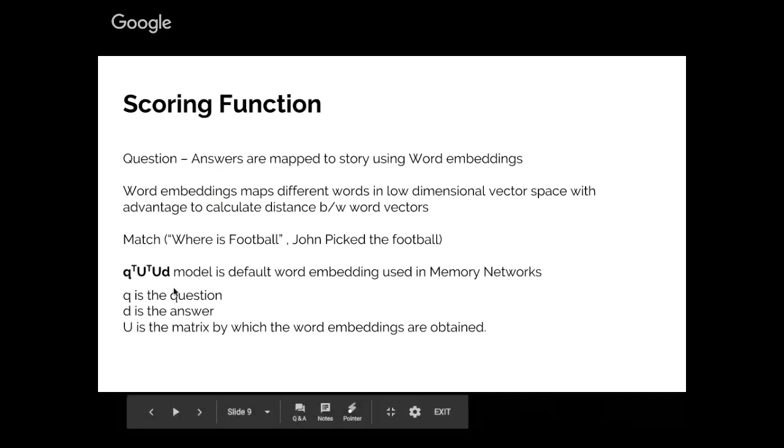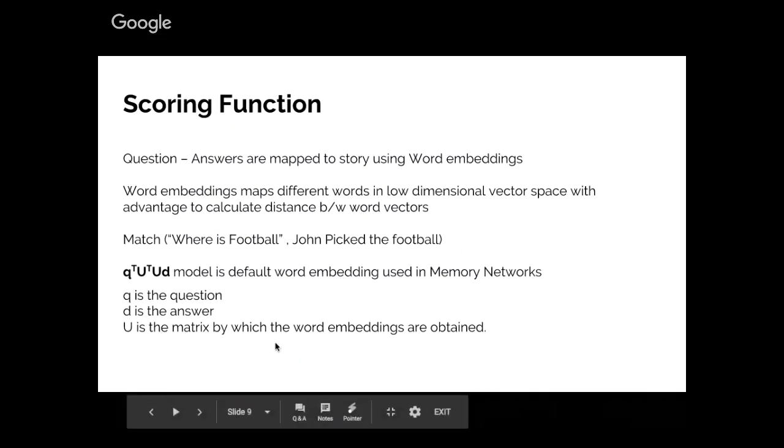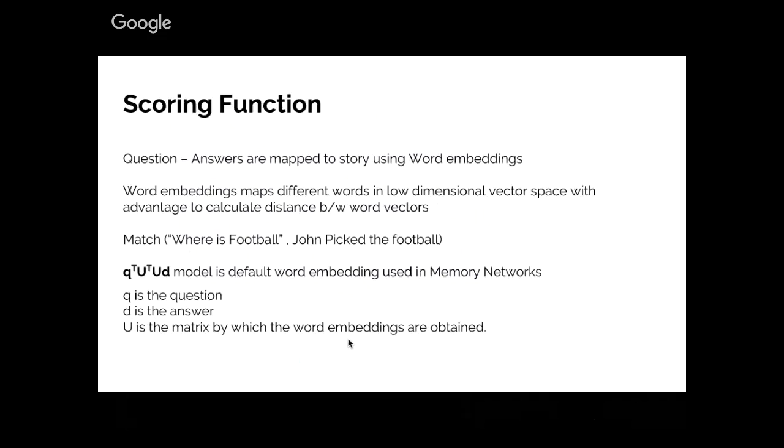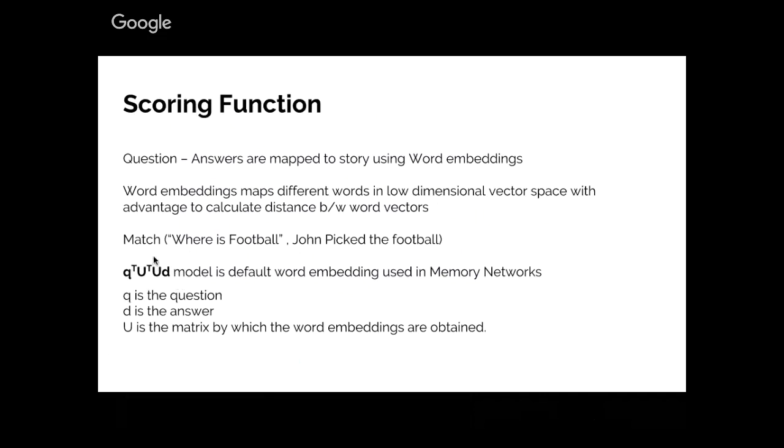So the scoring function is implemented with these embeddings in the memory networks, where Q is the question, D is the answer, and U is the matrix by which the word embeddings are obtained. This is a way of representing the scoring function that they extracted. Does someone have any idea about it?